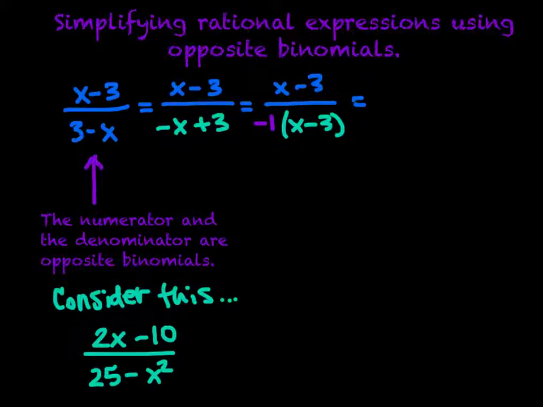You can always rewrite it as an addition problem, because we could also say 3 plus a negative x. You can use the commutative property to move terms around, so the negative x comes out in front and the 3 goes in back, and we add that addition sign.